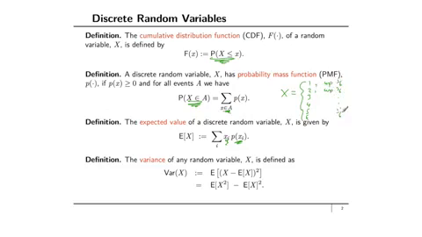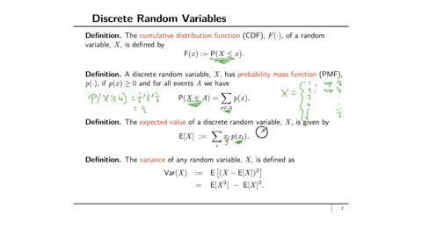So in this case, for example, the probability that X is greater than or equal to 4 is equal to, well, it's 1/6 for 4, 1/6 for 5, and 1/6 for 6. So that's equal to 1/6 plus 1/6 plus 1/6 equals 1/2.